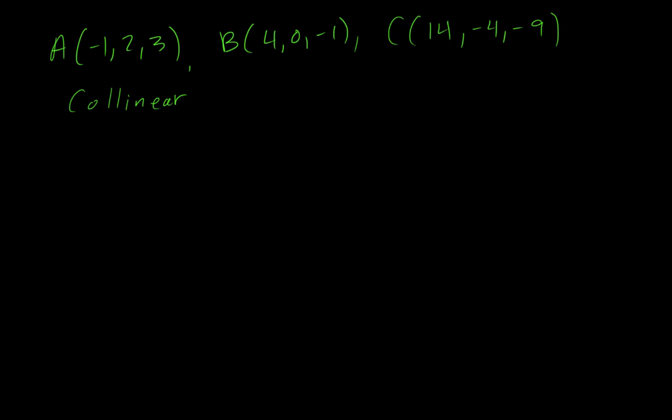So for them to be collinear, if we have a dot, we need to be able to draw a line that goes through all 3 points.